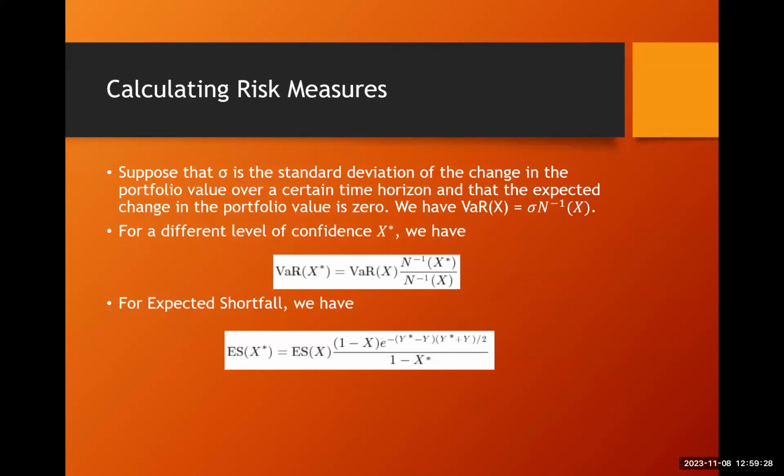The next thing I discussed was calculating risk measures. So this is how you can take a 95% value at risk calculation and convert it to a 99% value at risk calculation. This is often easier to do in practice, to calculate a value at risk for a slightly lower confidence level and then translate that to a higher confidence level, because it could be hard to calculate these things using raw data.